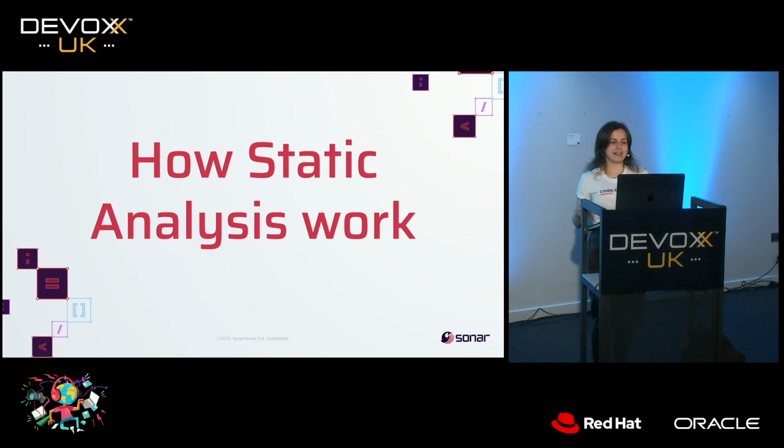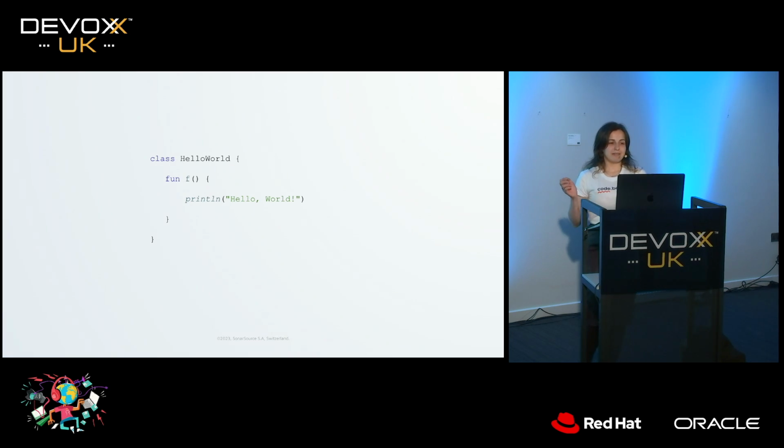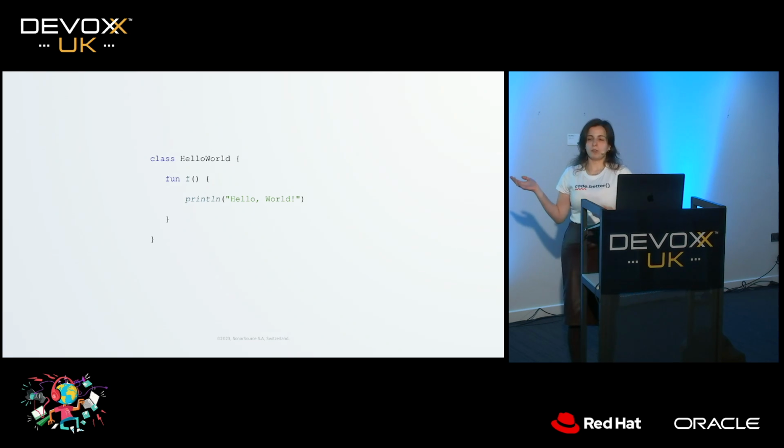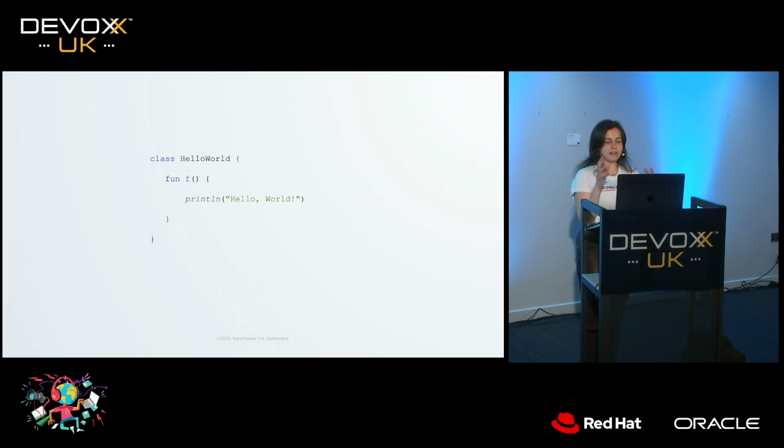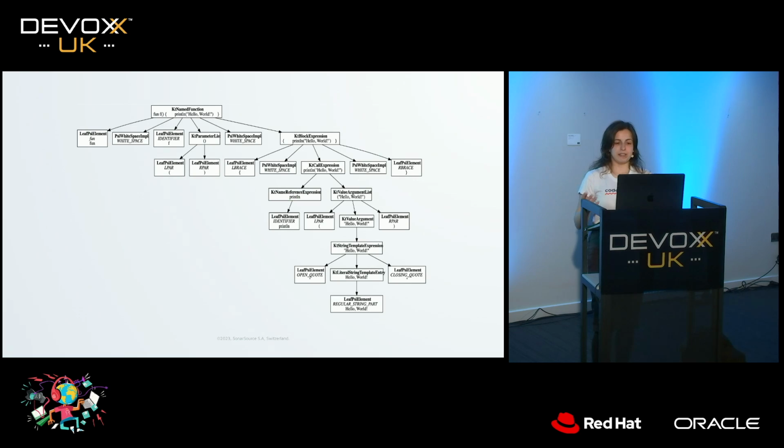As a parent, I think the best way to explain things is by example. So here it is. Let's imagine we have some simple class, Hello World. It has one function, and it has a statement inside which prints hello world. How do compilers work and how do static analysis tools work? They take your source code and parse it according to their grammar, and they output some intermediate structure, usually called an abstract syntax tree.